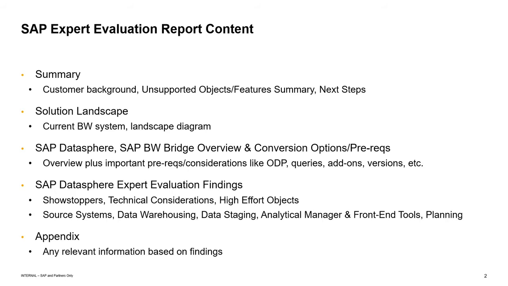We show what the findings are, and then you can correlate that to the object by object view within the Excel. In the expert evaluation findings, again, we're calling out everything that we found, from what's supported to what's not supported, to what is used often to what is not used as often. And then the appendix would be any other relevant information based on the findings.